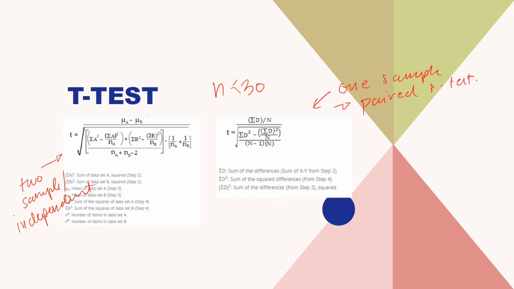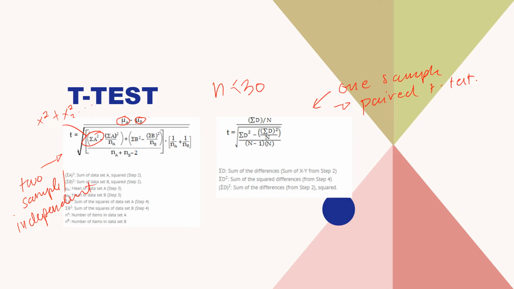Okay, so let's try to discuss the formula a bit. You have your mean of A. This is the average of your set A. This is the average of your set B. This is the sum of squares, which means that you have to square each observation and add them.